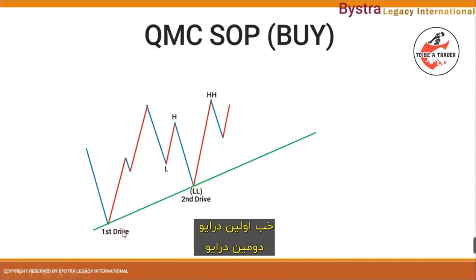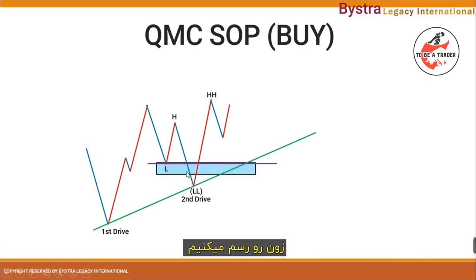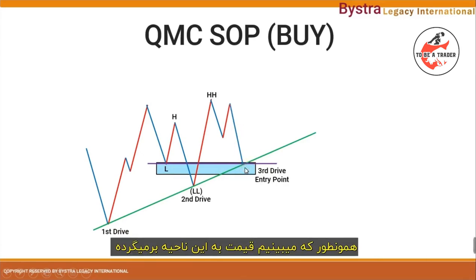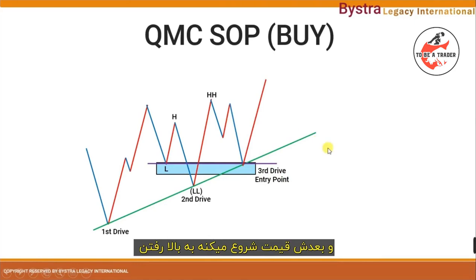The first drive, the second drive, and then we mark the horizontal line as our entry point. We mark the zone to make it easy to monitor when price comes into this zone. As we can see, price comes back here and we enter at the third drive with the same confluence as our entry point, and price continues to go up.